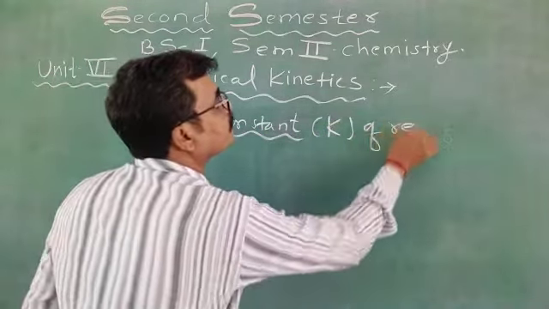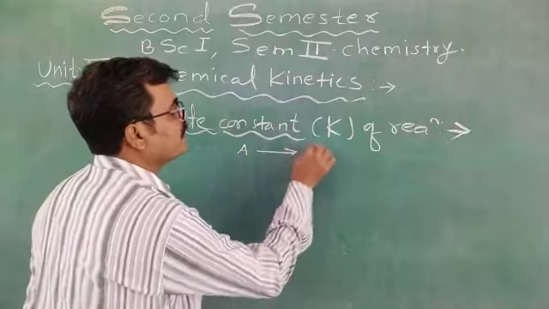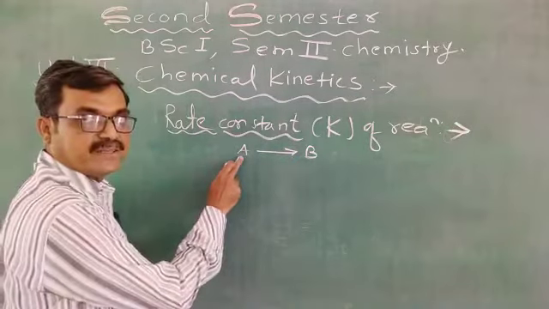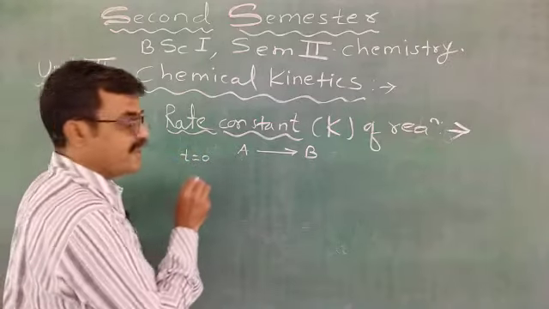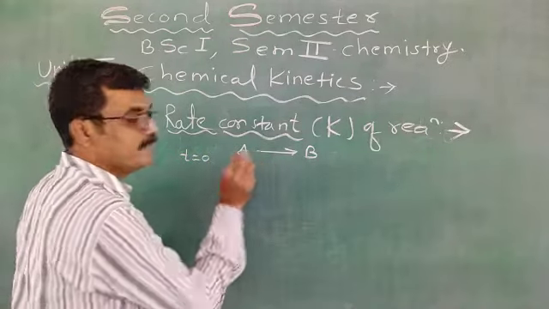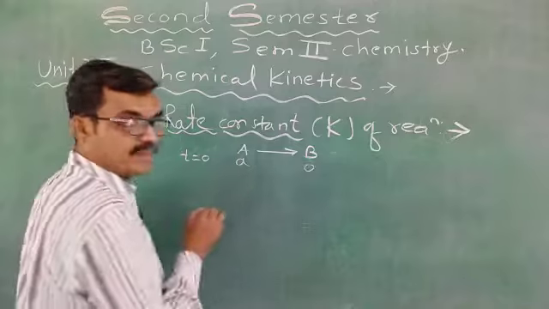Now, as you know, consider the general reaction A gives B, where A is the reactant and B is the product. Initially, when time is 0, before the reaction, there is only A; the product is not present.